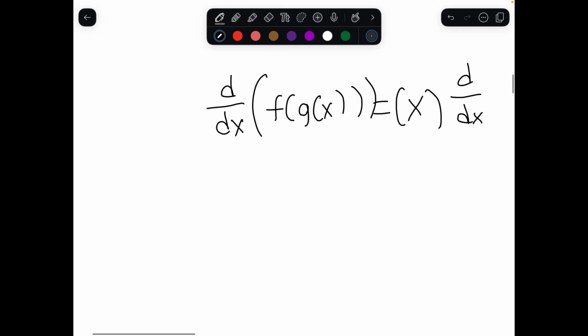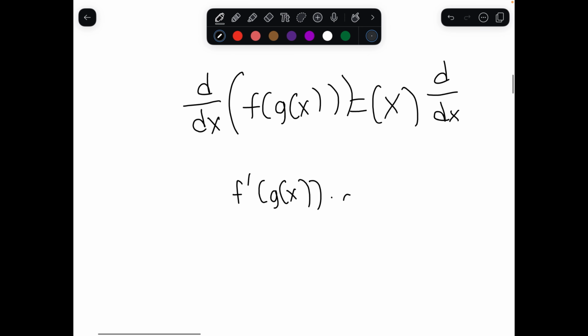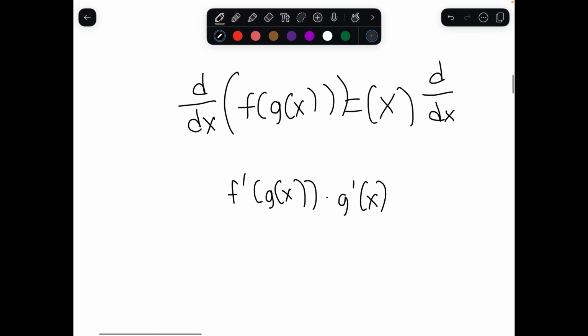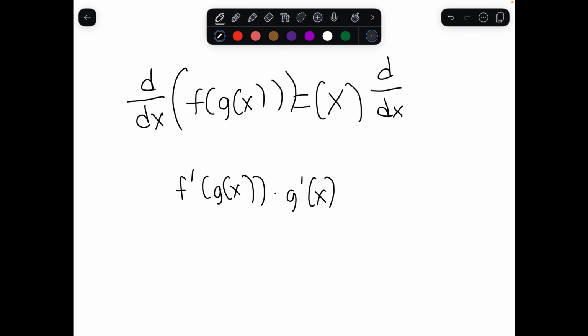First you do the derivative of the outside, f prime, and then you keep the inside the same, g of x, and then you multiply it by the derivative of the inside. This is the chain rule. So that's the derivative of the left side. And the derivative of the right side is just 1.